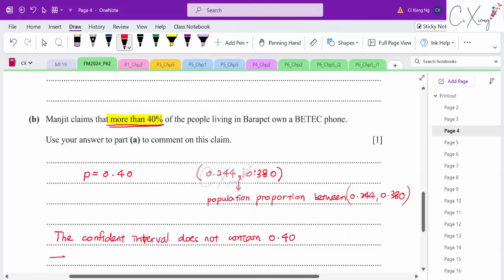Okay, so what does it mean? It means that this person's claim is not true. Or we can write it this way: there is insufficient evidence to show that Manjit's claim is true.